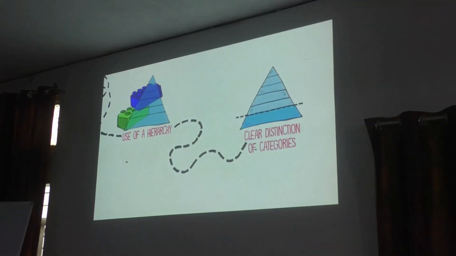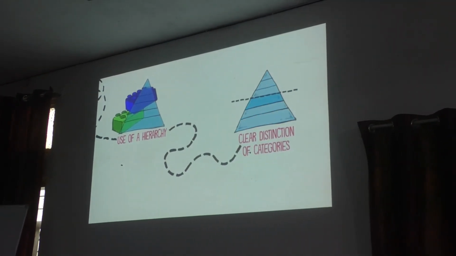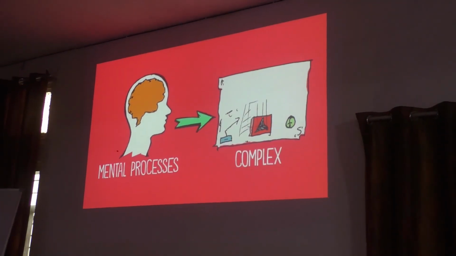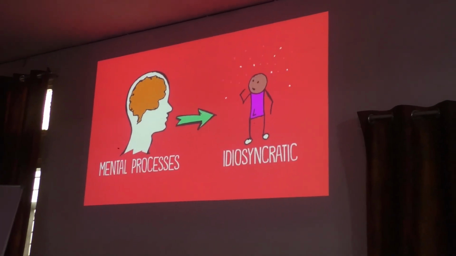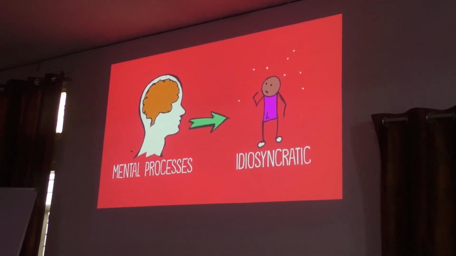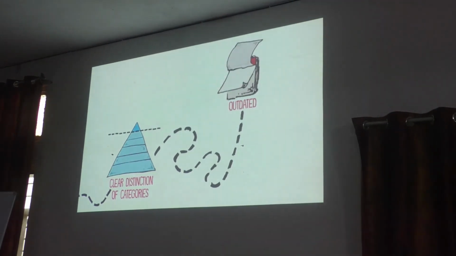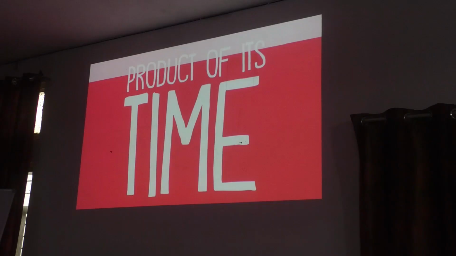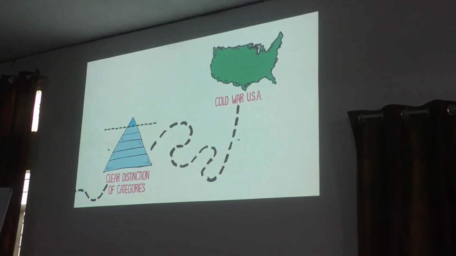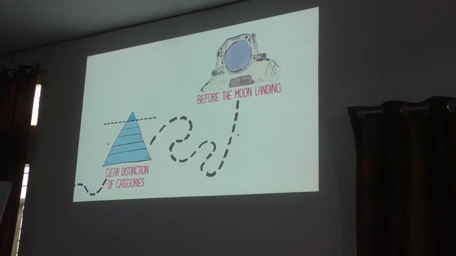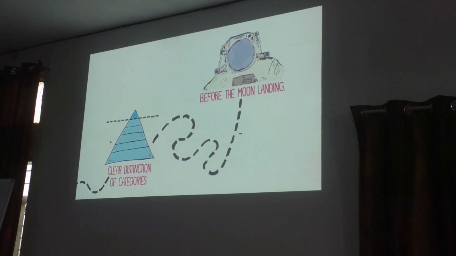Furthermore, Bloom's taxonomy relies on a clear distinction between categories. But mental processes are complex and connected and idiosyncratic. And this makes the categories seem, well, kind of arbitrary. Finally, it's outdated. Bloom's taxonomy is a product of its time, the Cold War United States of America. And this was a solid decade before the first humans landed on the moon.